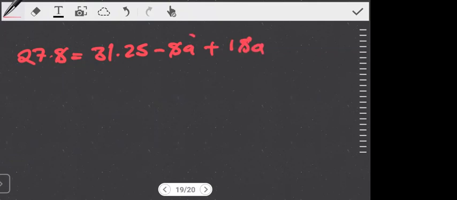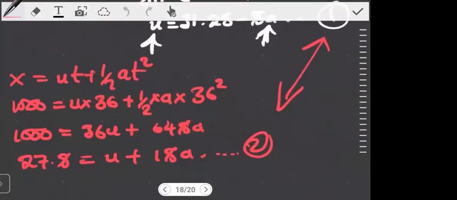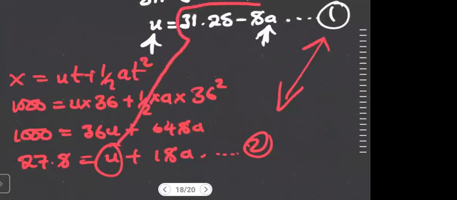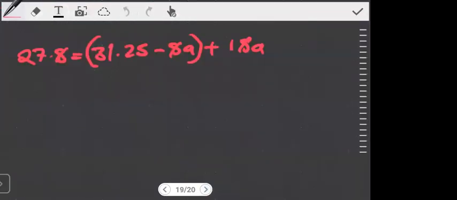Notice that where there was u in my second equation, I've plugged in this expression. So this is my expression for u. I've substituted it here so that equation 2 now comes to look like this.